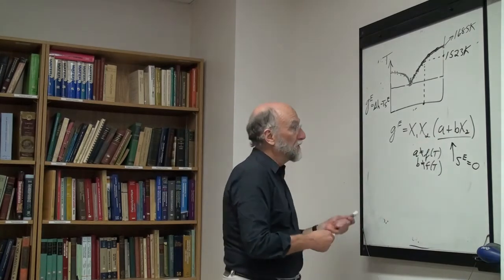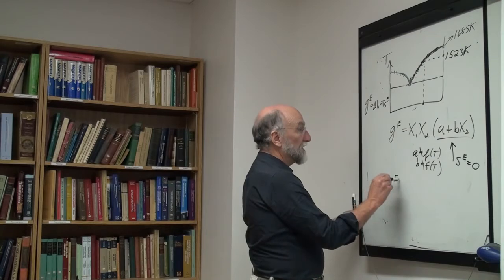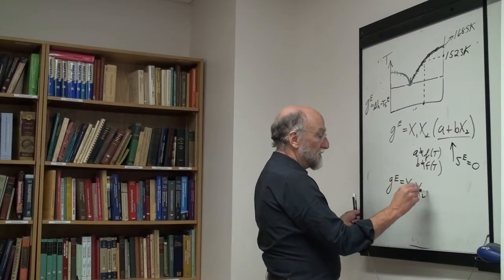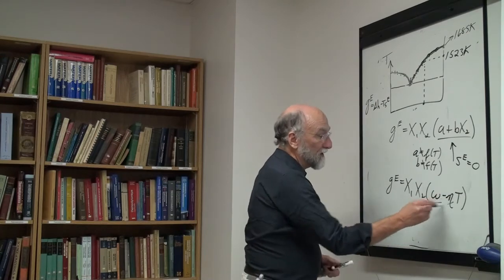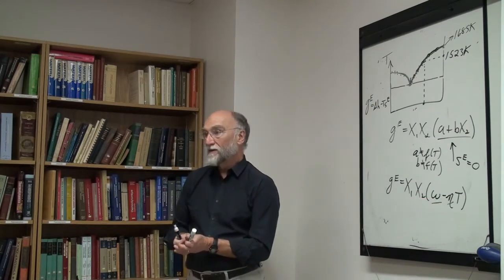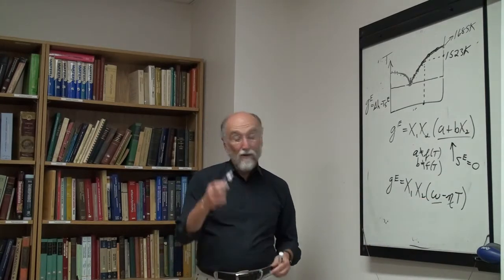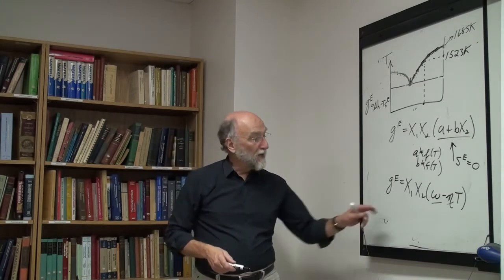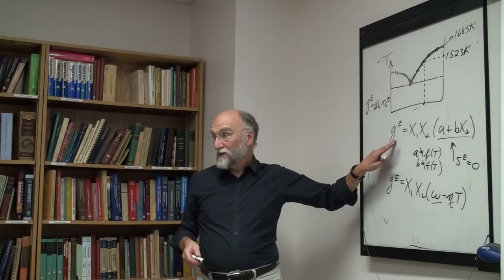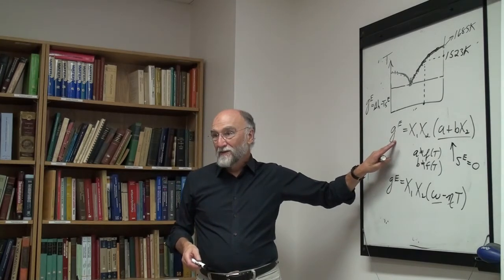Okay, but there's another way to do it, to add a second term. I could add GXS equals x1, x2, omega minus eta T, where omega and eta are composition independent. And now I'm putting the variation in temperature. And I'll probably get a good fit with this and a good fit with this. Okay? But they're different.